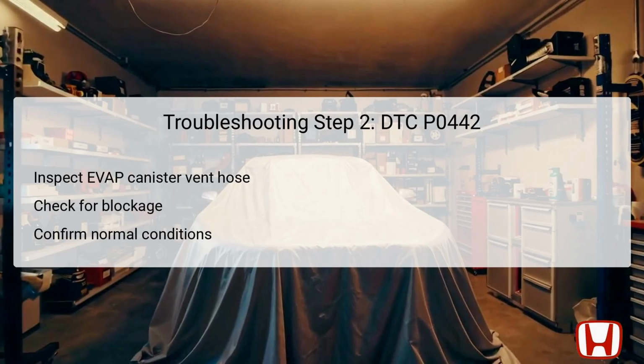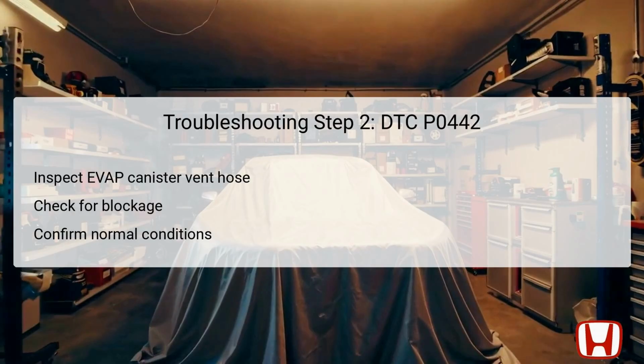The second troubleshooting step is to inspect the EVAP canister vent hose for any blockages or restrictions. This hose is essential for allowing pressure equalization within the fuel system, and if obstructed, it may trigger errors in the EVAP system's operation. The inspection involves visually checking the hose for signs of damage or dislodgement that may prevent proper function.